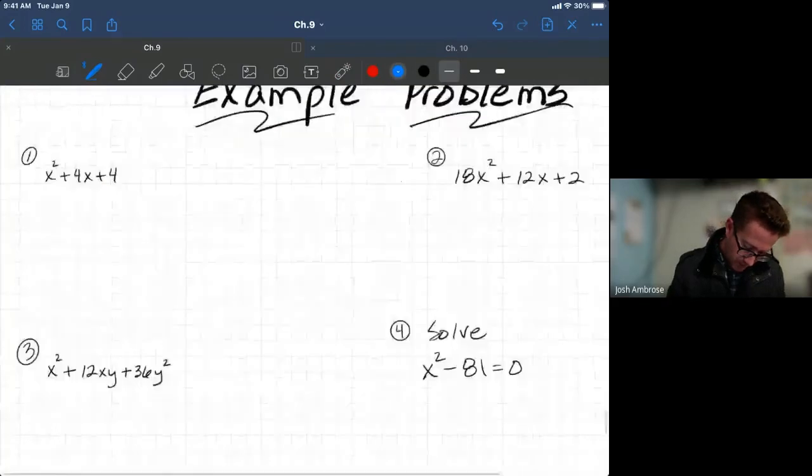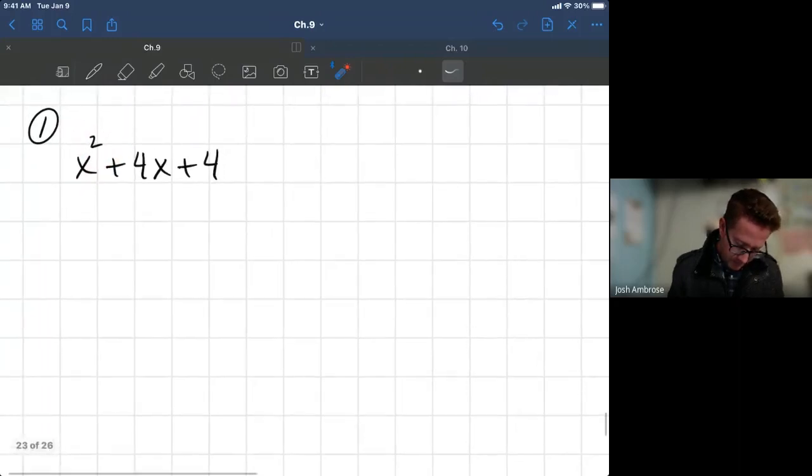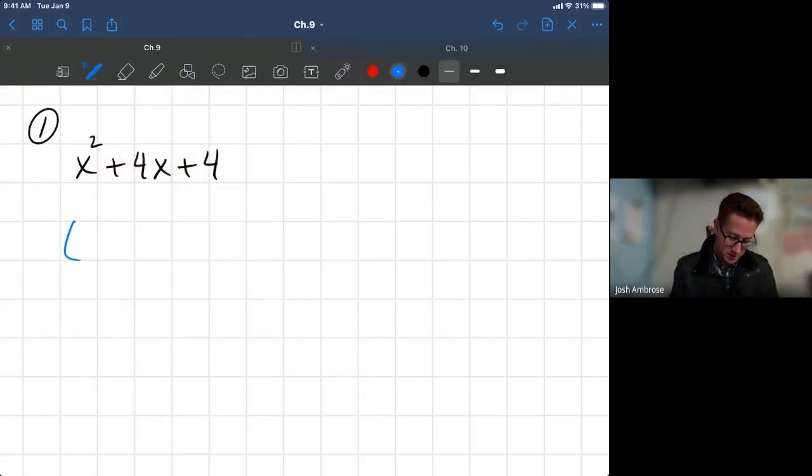So here we go. First one, let's check to see. X squared is perfect. The number 4 is perfect, and it is a plus sign. For this trinomial, if this is plus and this is plus, then here's what our double set of parentheses will be, both plus.